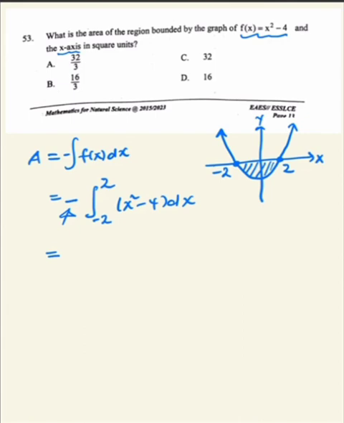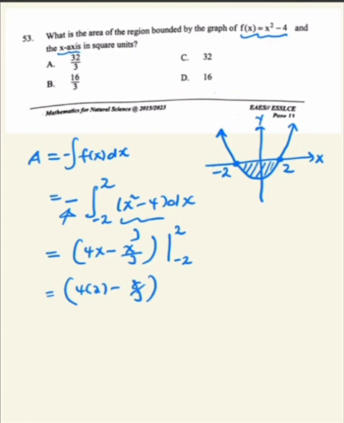We evaluate this integral this way. This means 4x minus x cube over 3; I brought the negative inside to get this. We evaluate this expression between -2 and 2. Substituting 2 first: 2 times 4 times 2 minus 8 over 3, which is 8 minus 8 over 3. Substituting -2 gives -8 plus 8 over 3.